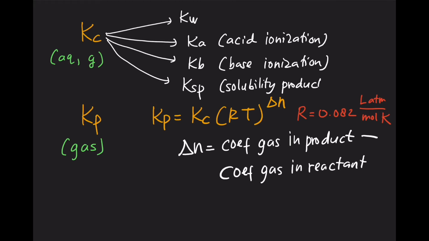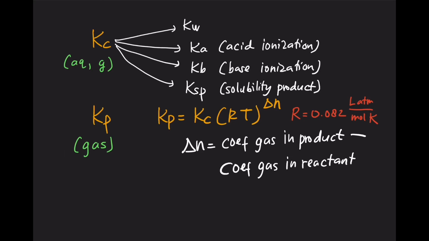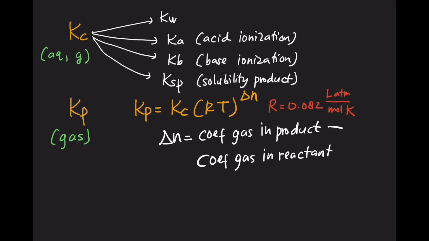So this will be for the later part. Now what you have to know here is that between Kw, Ka, and Kb we have another equation, and that is Ka multiplied by Kb will be equal to Kw. And don't forget, at room temperature, the Kw for water is 10 to the power of minus 14.